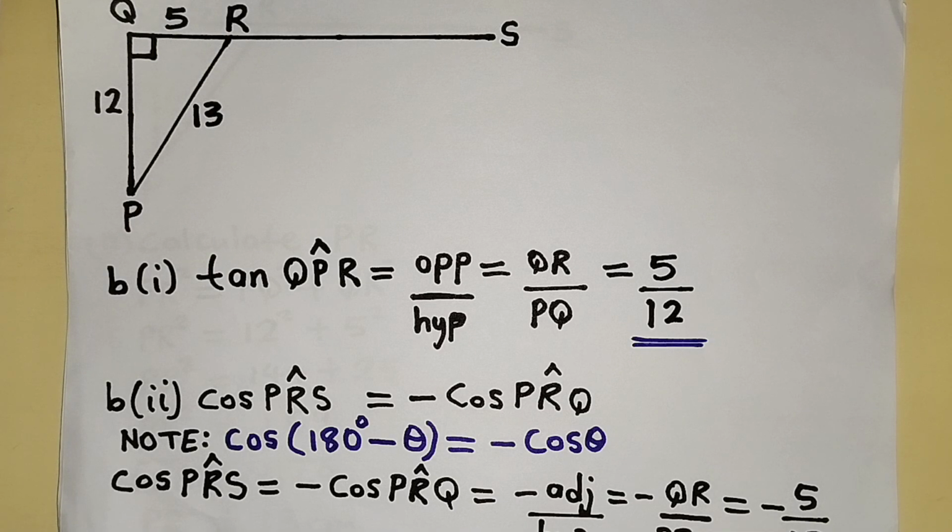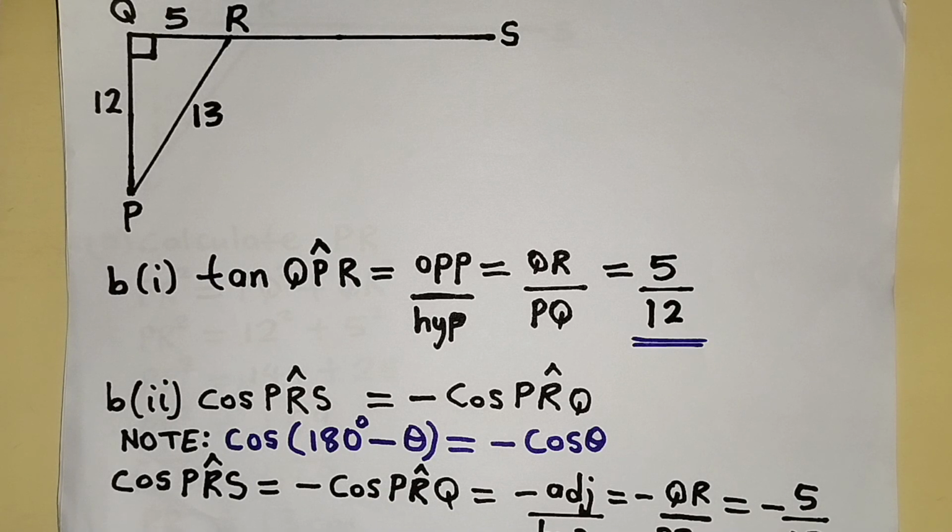Okay. So for us to find cos PRS, we are going to make use of this relationship here, which says cos of 180 degrees minus theta, where theta is an acute angle, equals minus cos theta. So theta is an acute angle, that is an angle which is above 0 degrees but less than 90 degrees.